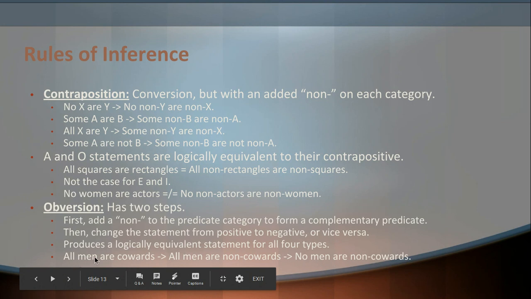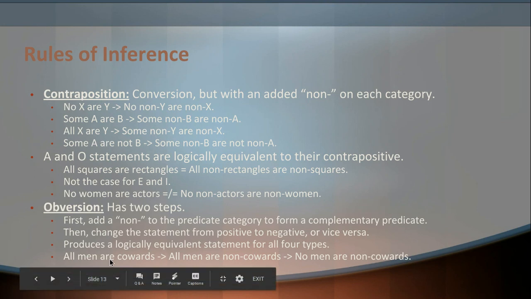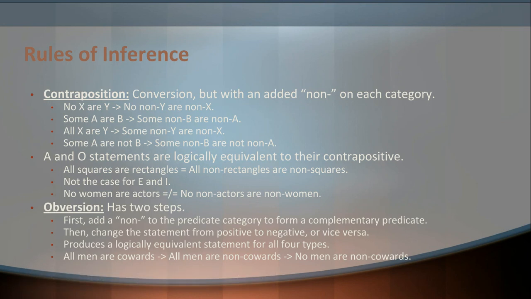So we go from all men are non-cowards to no men are non-cowards. And this and the first statement are logically equivalent. If it is false that all men are cowards, it must also be false that no men are non cowards. Because if it's false that all men are cowards, that means that there's some dude somewhere who's brave.